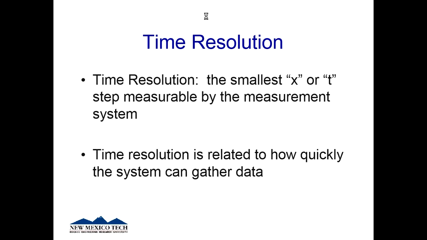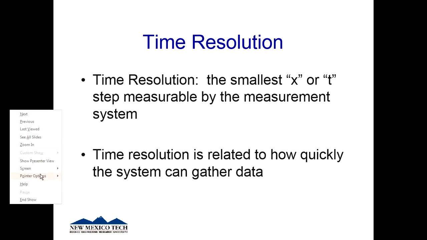This week we're also going to talk about time resolution, which is how big steps are in the x direction. So what I mean by that is, let's see here, can I draw on here? Screen, pointer options, okay.